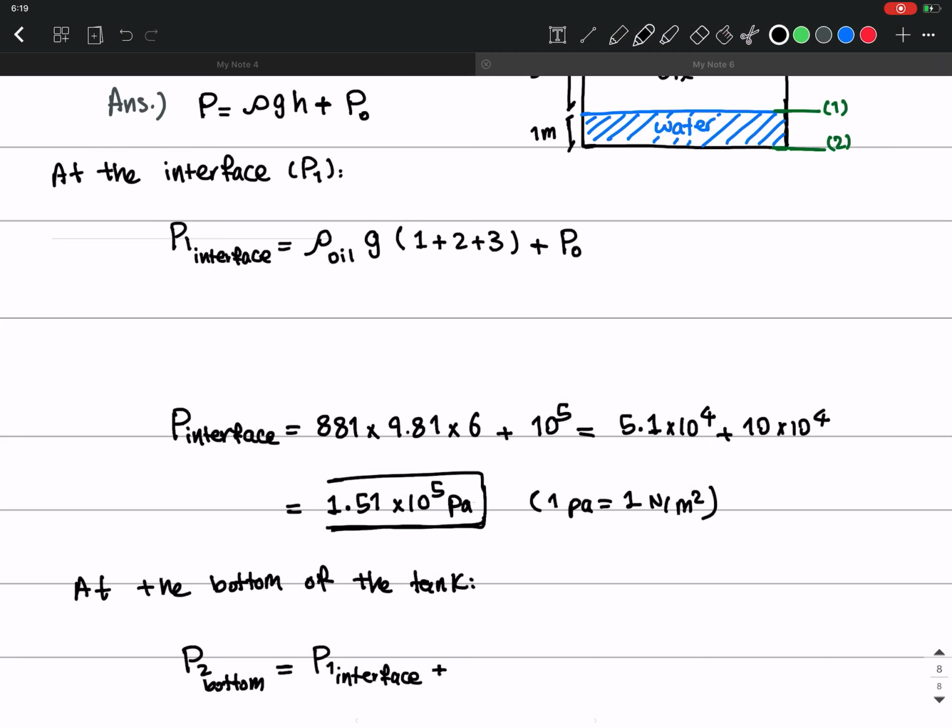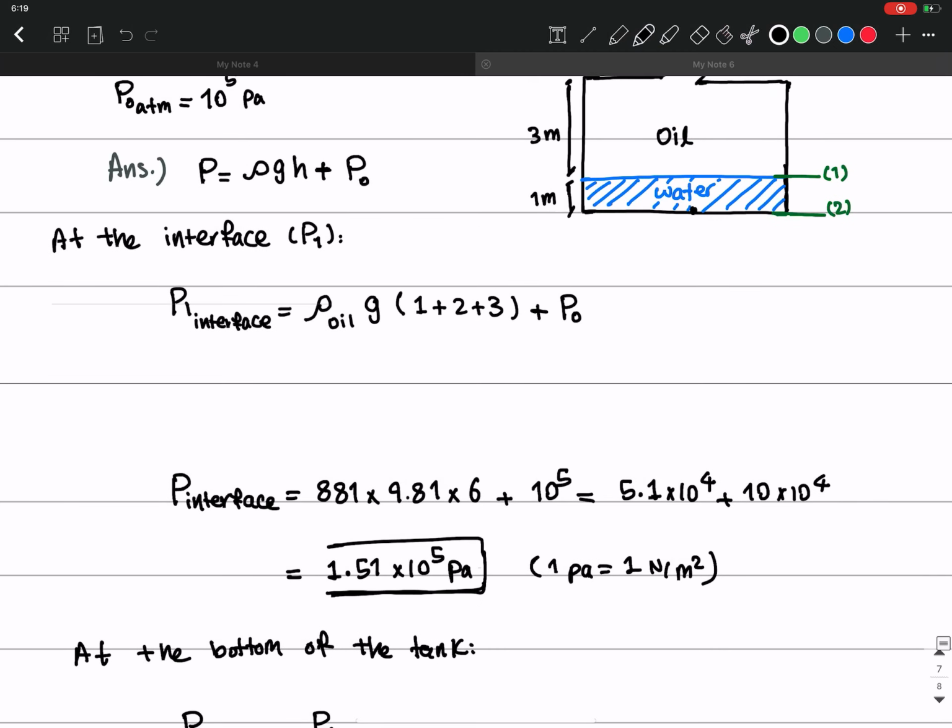On top of this point, we have water, so we have to add rho g h of water. This is very important. You should make sure which fluid you are looking at when you are adding this pressure. So on top of point 2 we have water, so we add this term to the pressure at P1 that we had already calculated.